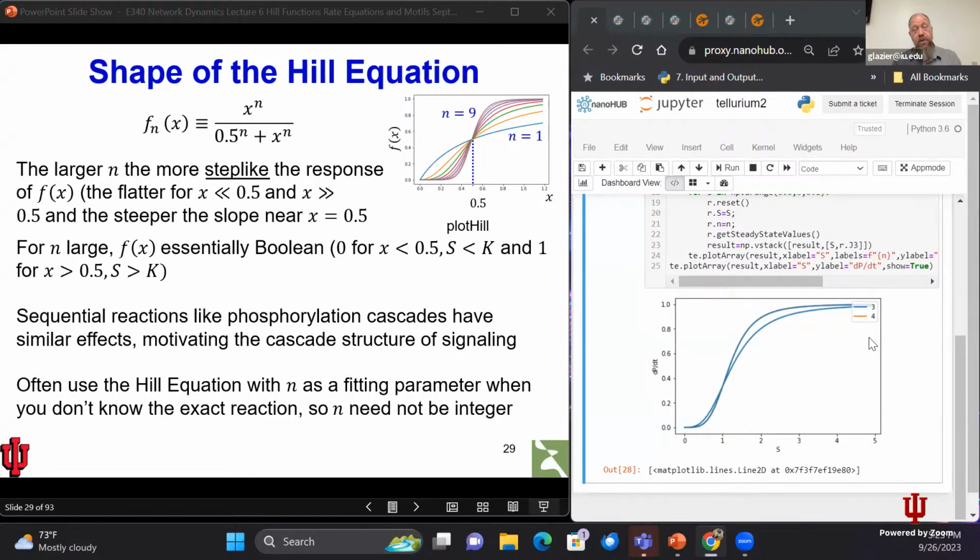Again, if we know something about cooperativity, then we can sometimes calculate what it should be. Usually, we find that mathematically the value of n that we need to use is larger than what we could justify on biological grounds, and there's a whole set of interesting literature about why that might be the case.